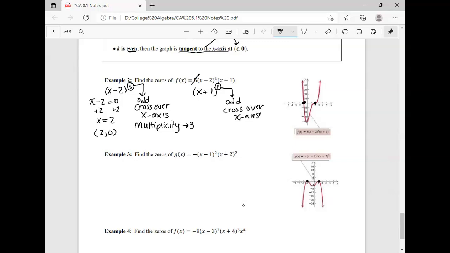Okay, another thing I can talk about when I talk about the 1 is that since it's just a 1, it has a multiplicity of 1. Okay, and then when I talk about the inside and I set it equal to 0, I can actually find the point of where it crosses the x-axis at my 0, which is at -1, 0, which is graphed right there, shown to you.